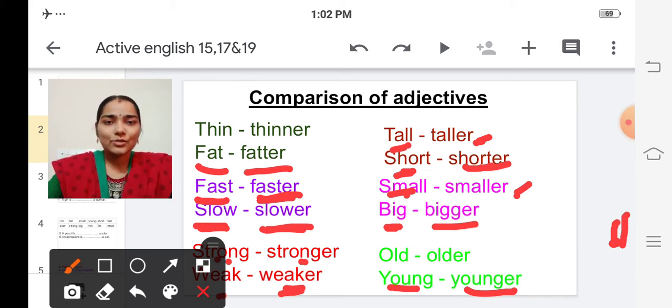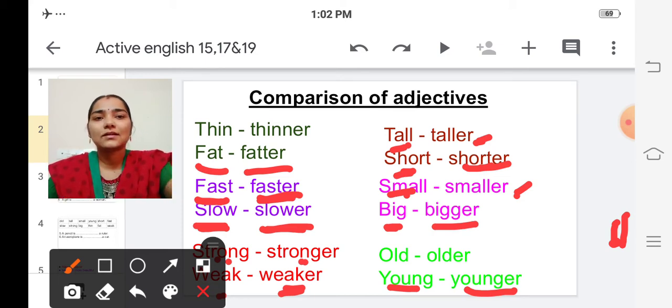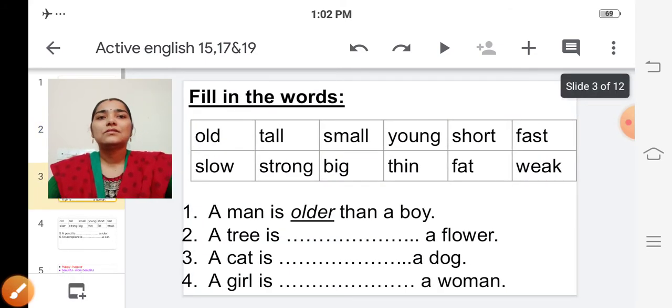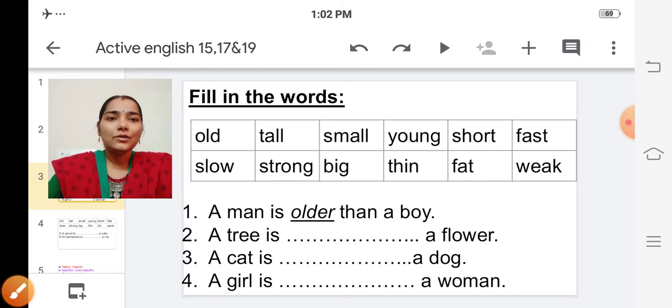Using these words, we are going to finish some sentences. Fill in the words. They have given the words old, tall, small, young, short, fast, slow, strong, big, thin, fat, weak.